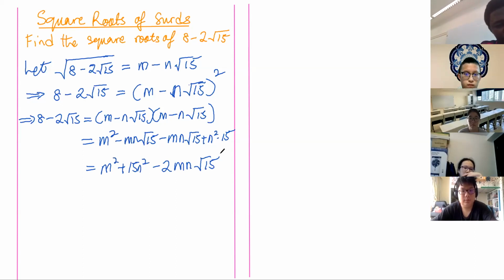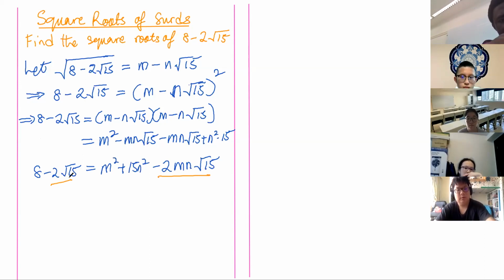Understood? So we're going to compare that with 8 minus 2 root 15. When I say compare, we look at the surd part and we look at the normal one. So this is the surd part, and the one with no surd is this. So we compare both sides.